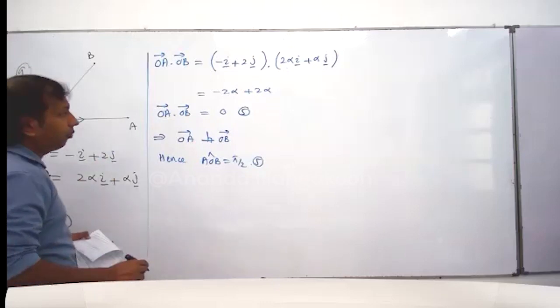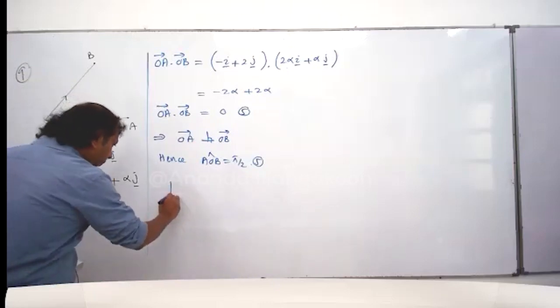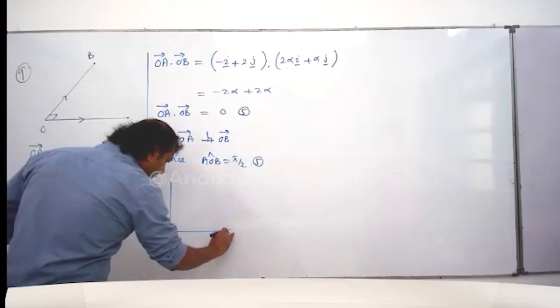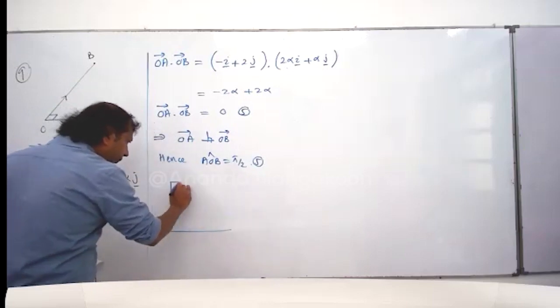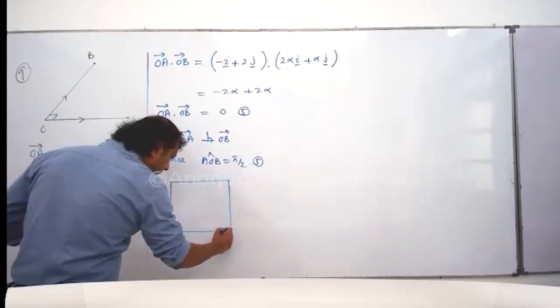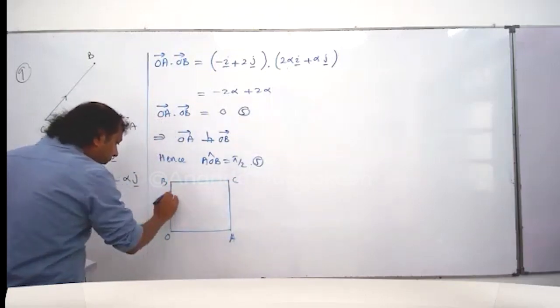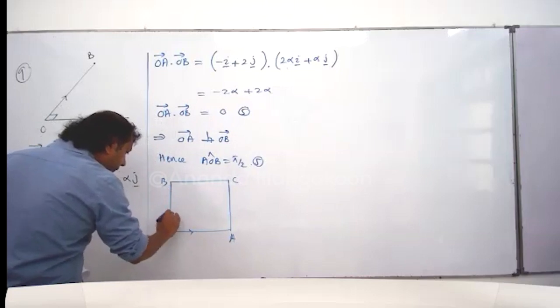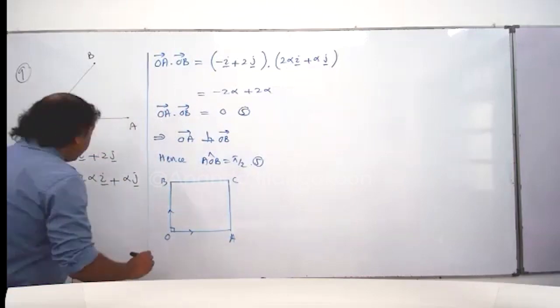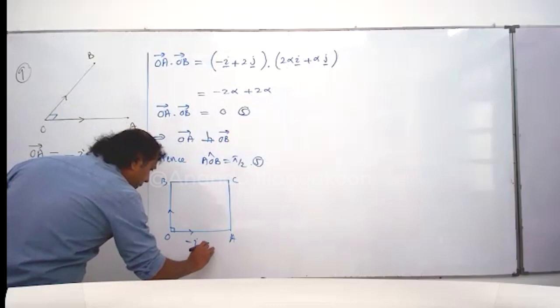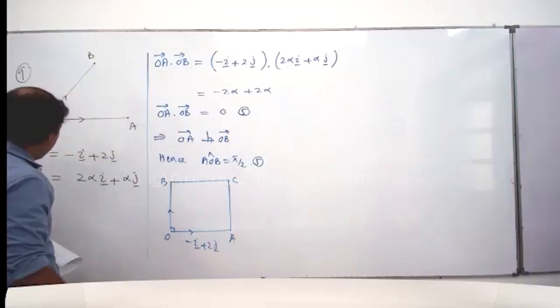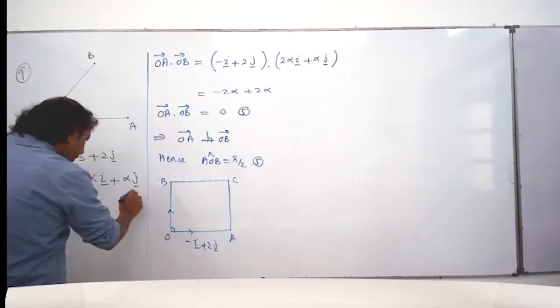OA and OB are perpendicular, no? OA vector is minus i plus 2j, OB vector is this one.